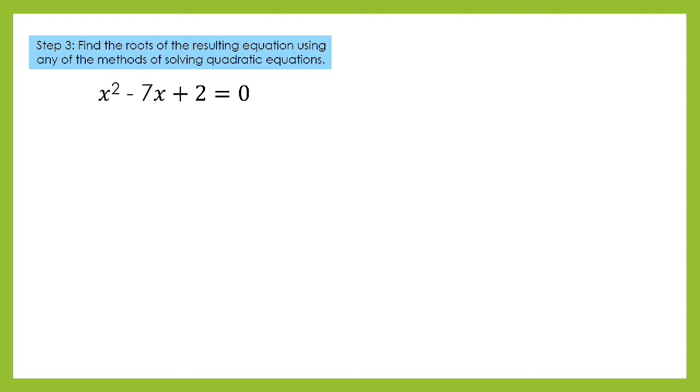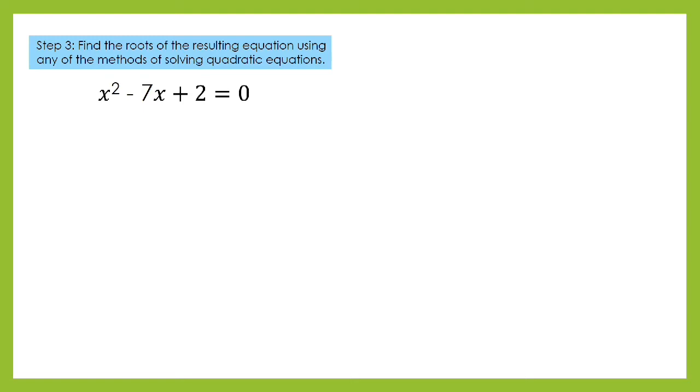Ano kaya ang pwedeng gamitin na method? Pwede kaya ang factoring? May factors kaya ang 2 na ang sum ay negative 7? Okay, wala. Dahil ang factors lang ng 2 ay 1 and 2. Hindi natin makukuha yung negative 7. Hindi natin gagamitin ang factoring.